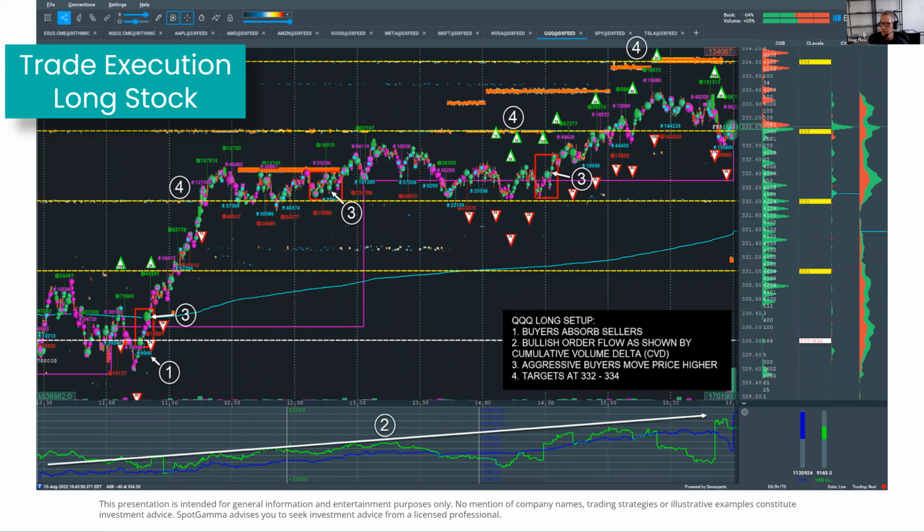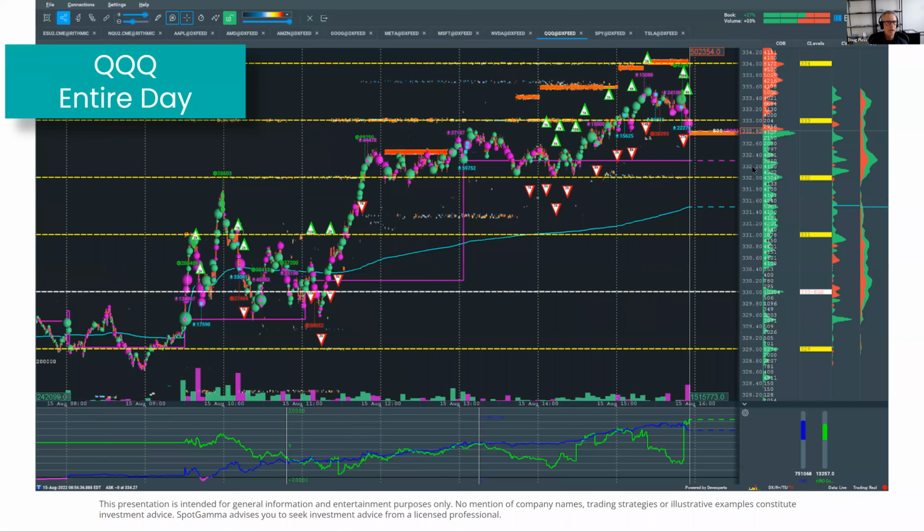Okay, and now let's take a look. This is the total day, and I was showing most of the total day before. So remember, I was talking about the chop for the first couple of hours. So chop, and the key gamma strike or the absolute gamma strike held.